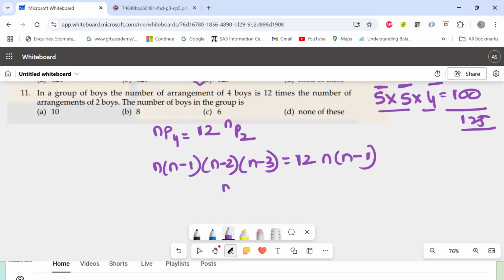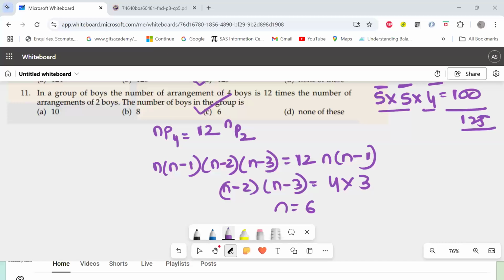So this would be n minus 2 into n minus 3 is equal to 12. 12 means 4 into 3. So n here would be 6. Question number 11, answer is option C.